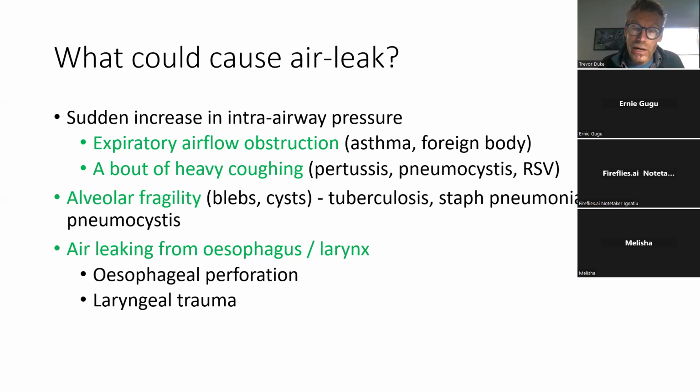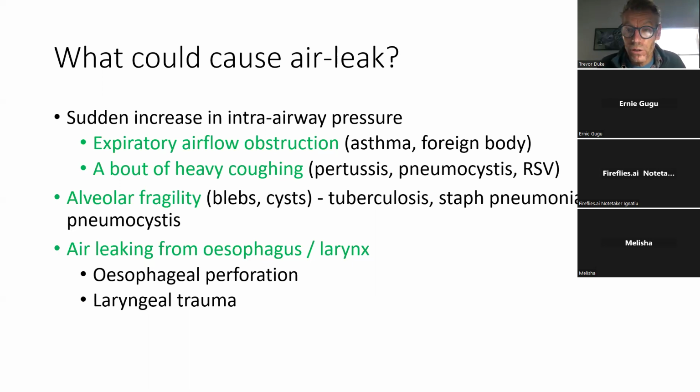Or if they've got alveolar fragility, that is, damage to the alveoli. So when you've got tuberculosis or a cavity in the lung from staph pneumonia or pneumococcal or pneumocystis, that all leads to fragility or cysts or blebs in the lung that are air-filled and can easily burst when a child has a coughing episode.